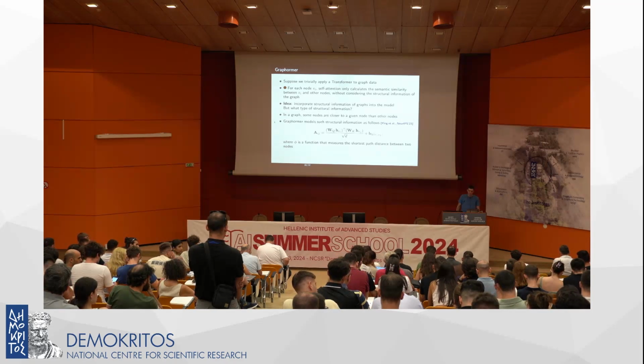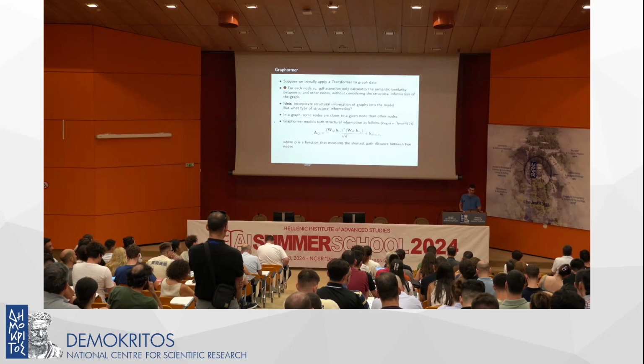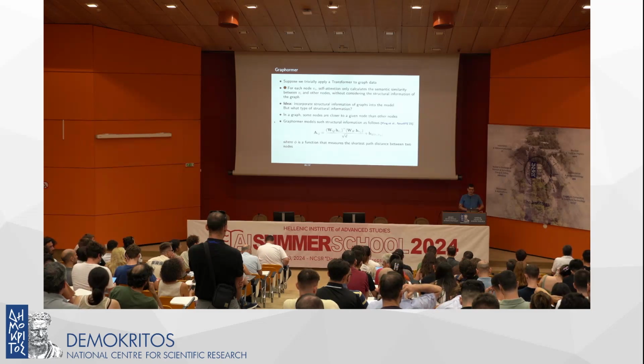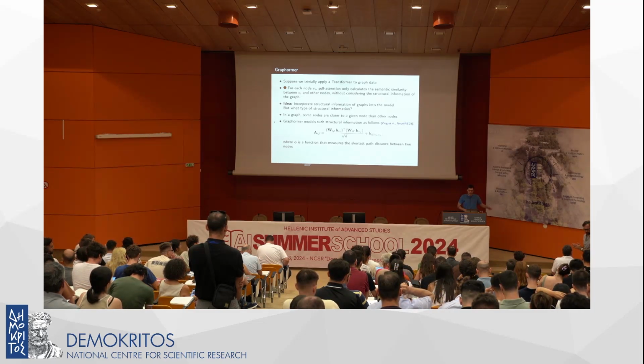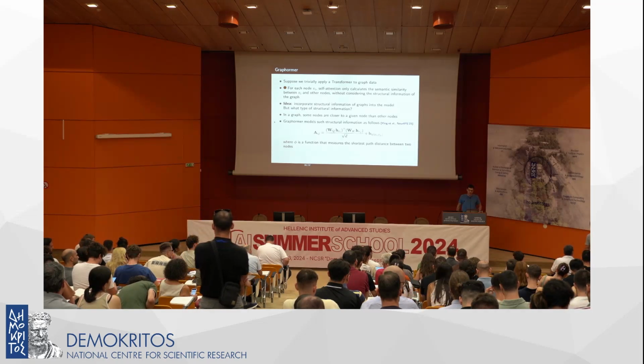And there are even packages that implement those layers that I presented. There is a PyTorch Geometric package, which gives implementations of the GCN layer or of the GAT layer and so on. So we just add those layers to the model like we add conventional layers like CNN layers or dense layers in other cases.